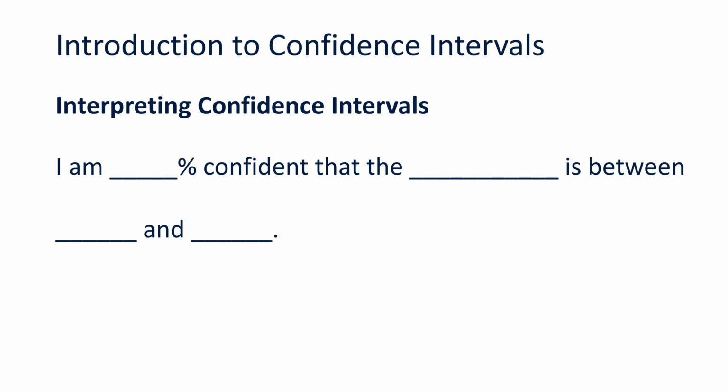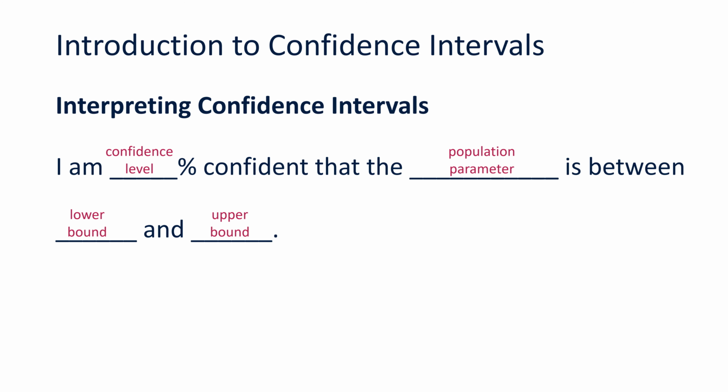This is an outline, or you could even consider it to be a formula, for a correct interpretation of a confidence interval. I am blank % confident that the blank is between blank and blank, where the first blank represents the confidence level, the second blank is the specific parameter that's being estimated, and the last two blanks are the lower and upper bounds of the confidence interval.